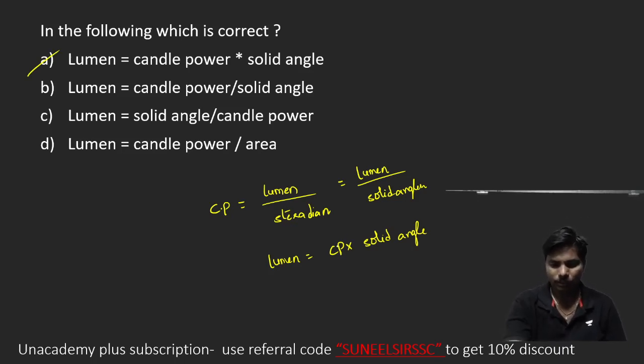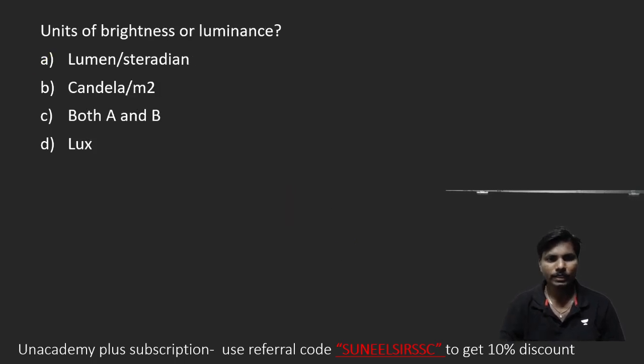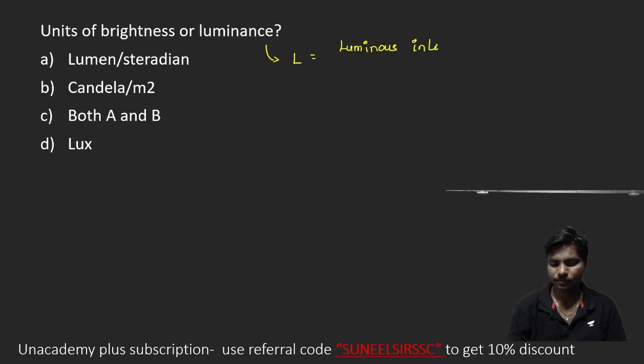Coming to the next one. Units of brightness. Brightness or luminance is denoted by the letter L, that is nothing but luminous intensity divided by projected area. Luminous intensity is candela, and area is meter square.